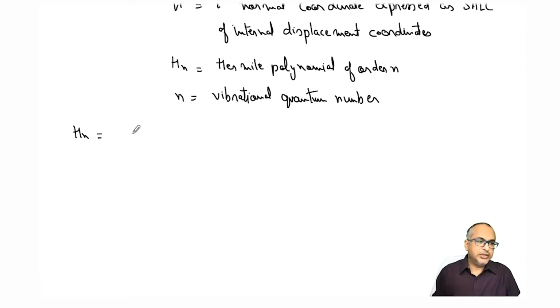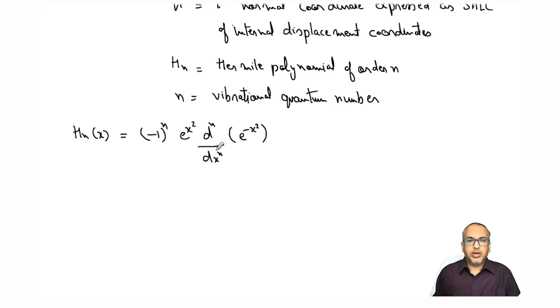Hn can be written as Hn of x, let's say, is minus 1 to the power of n, e to the power of x square, nth derivative d x n of e to the power minus x square.